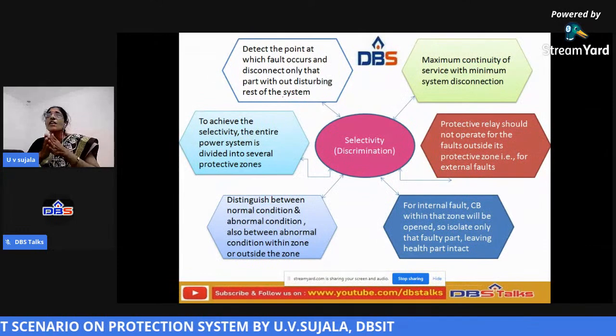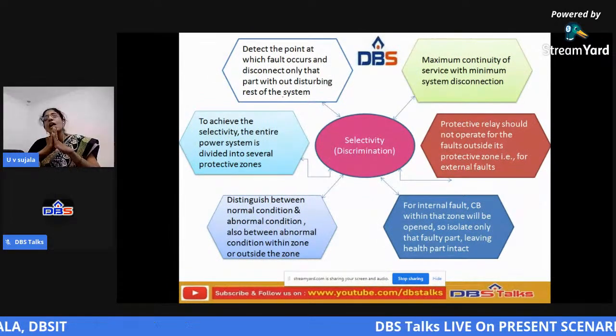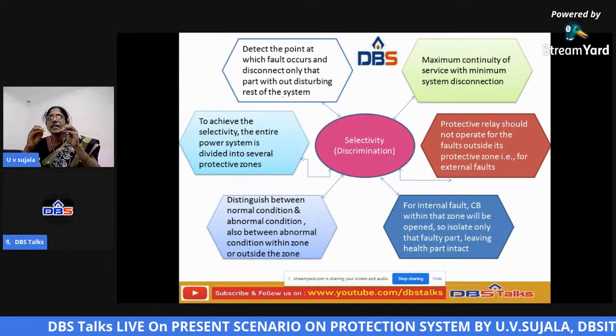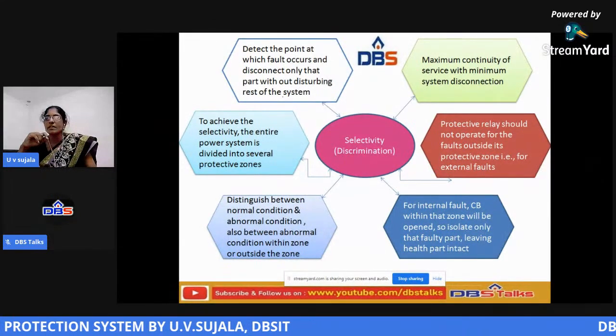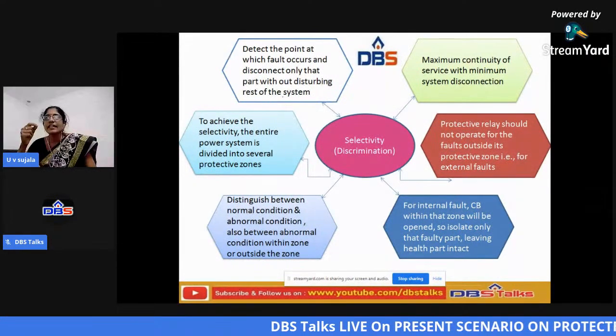For an internal fault, the circuit breaker within the zone will open, isolating only that fault and leaving the healthy part. The main thing is that there are internal faults and external faults, but the protection will act for the internal part of the system.